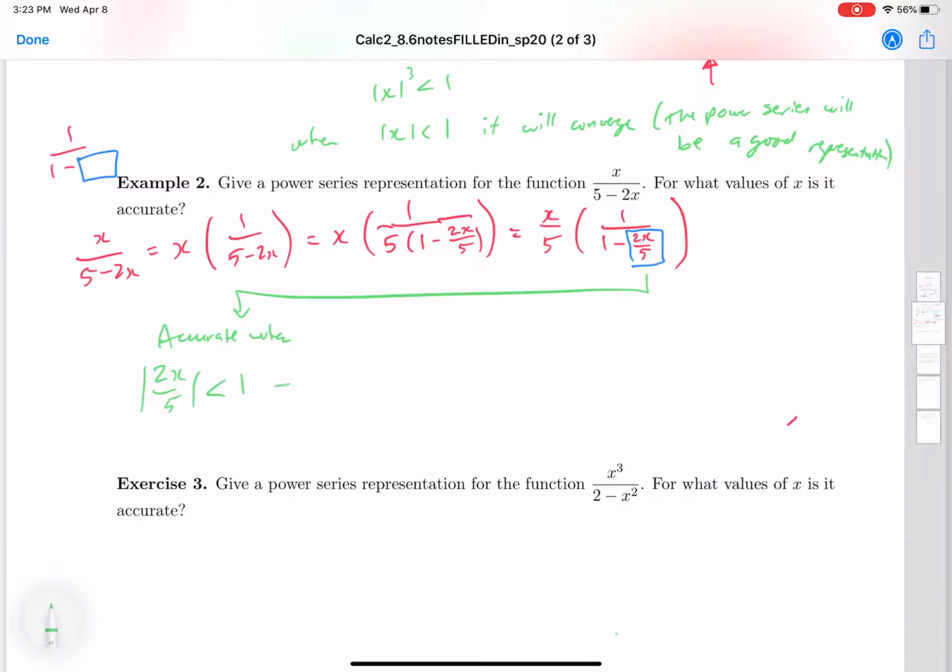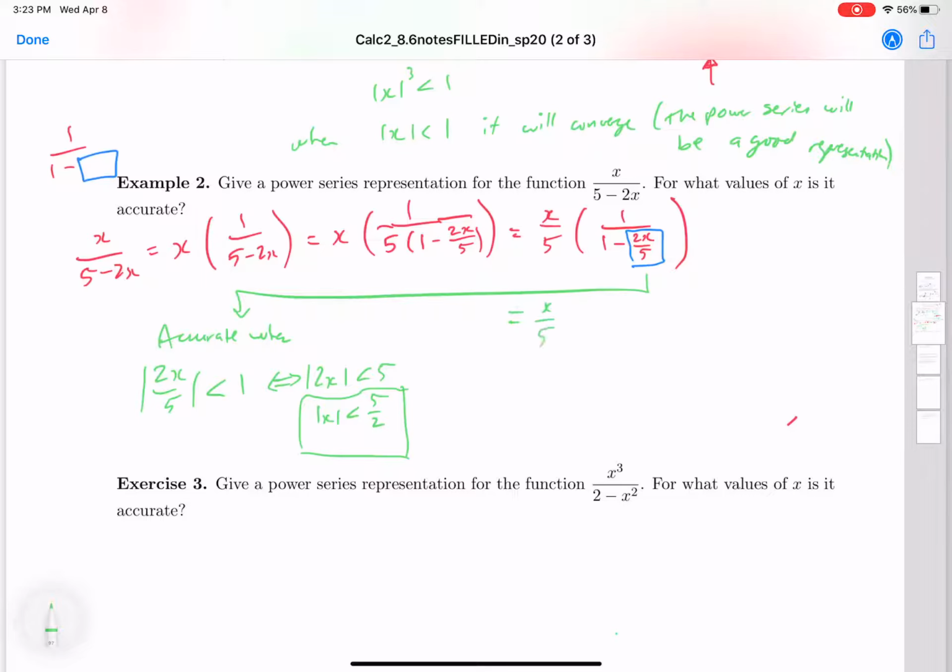So I get absolute value of 2x is less than 5, divide both sides by 2, and I get absolute value of x is less than 5 halves. So that is, I guess you call that my radius of convergence within which this power series representation is going to work. And what is it going to look like?